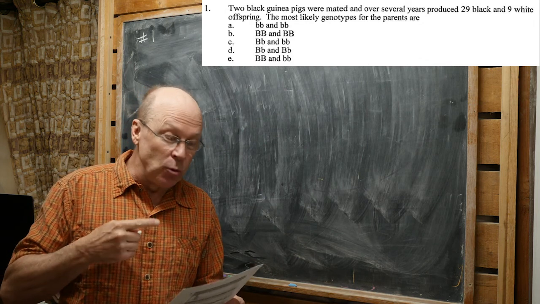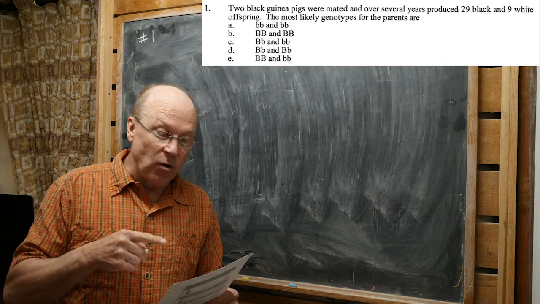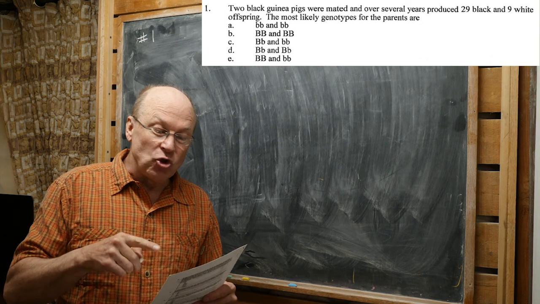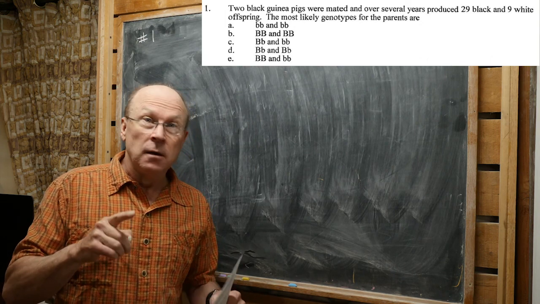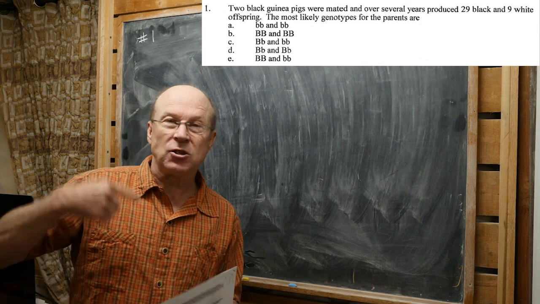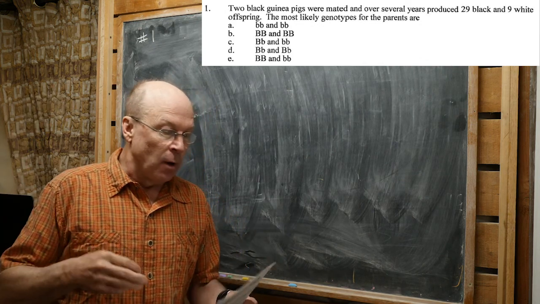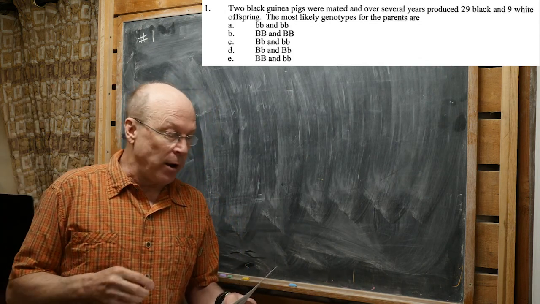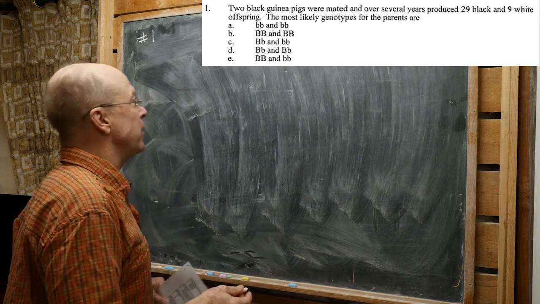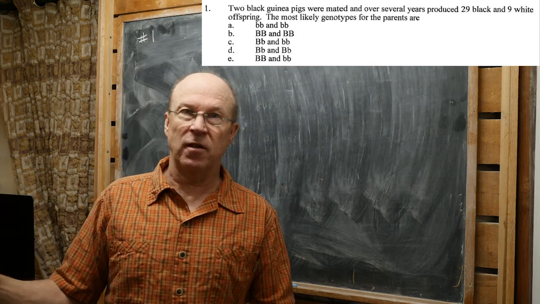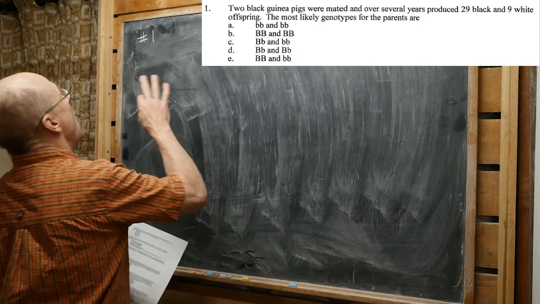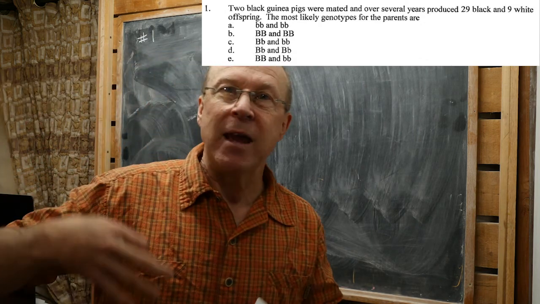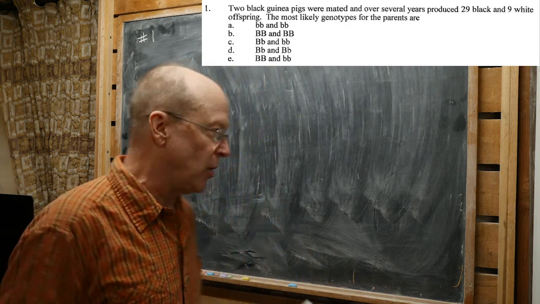Two black guinea pigs were mated over several years and produced 29 black and 9 white. The fact that white show up should be ringing a bell in our brains. So 29 black and 9 white offspring, the most likely genotypes are. Now, I'm going to put a lot more information to solve this problem. A lot of you could just read this and pick the answer straight up, but I want to write down what I make of the inheritance as I read the question.